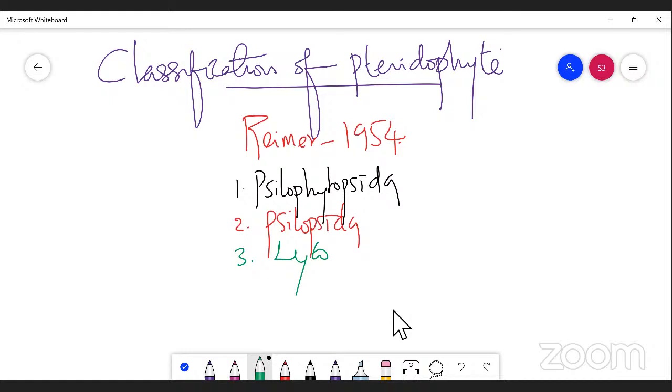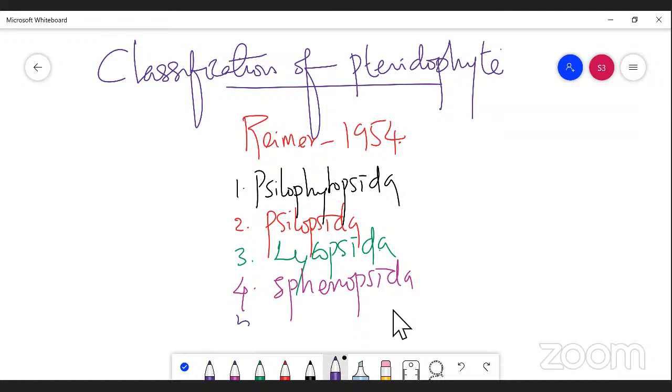Third subdivision is Lycopsida, and fourth one is Sphenopsida. And the last category, my dear students, is Pteridophyta.